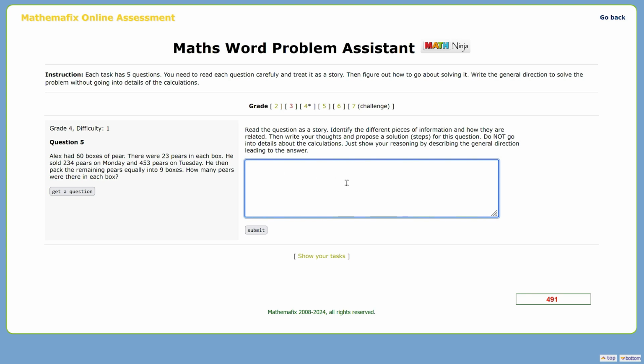Okay, so I think the first thing is to find the total number of pears Alex bought. Then find the number of pears he sold on both Monday and Tuesday.